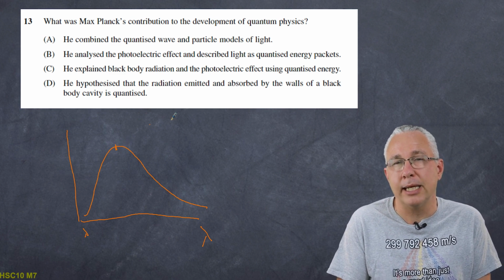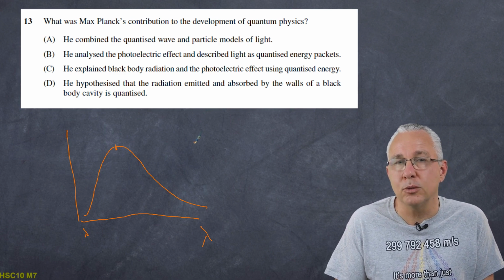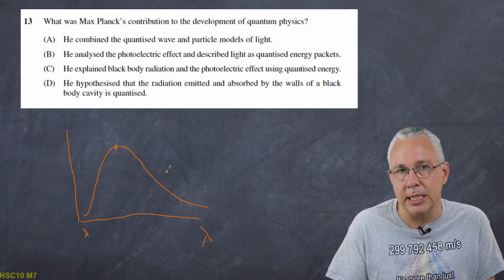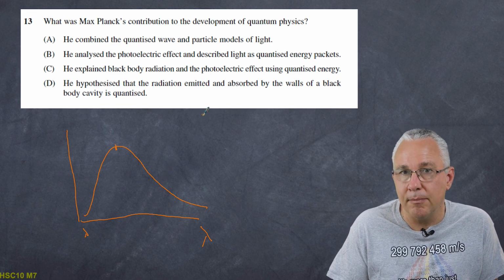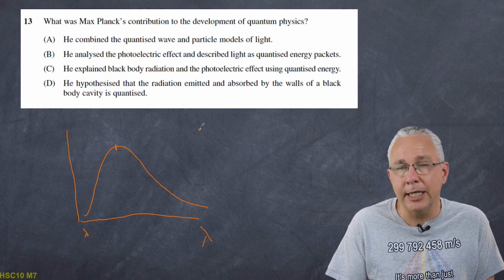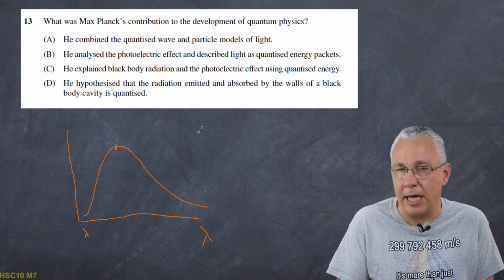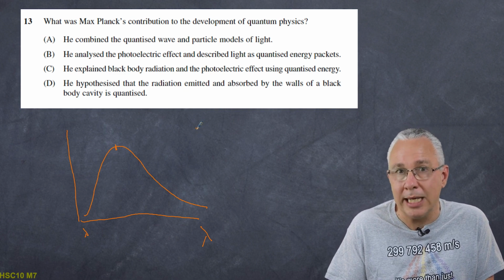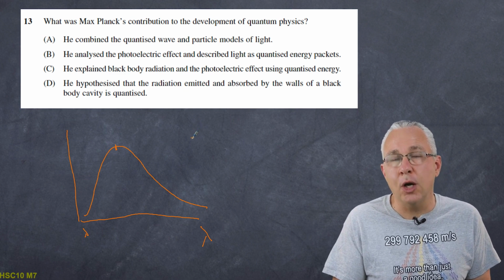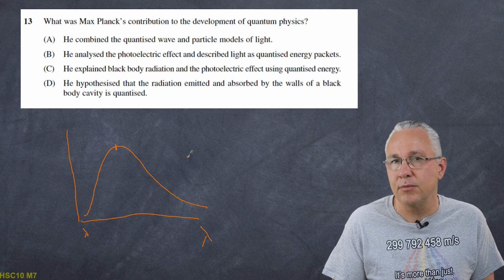Now, what did Max Planck do? He was trying to find a mathematical model that represents this. By making the argument that energy from black bodies must be emitted in discrete, whole number values, in a mathematical way at least, he was able to show a formula that gives us this relationship.